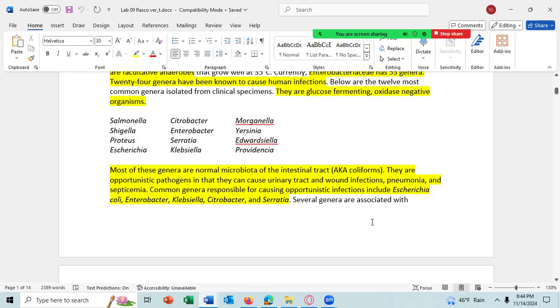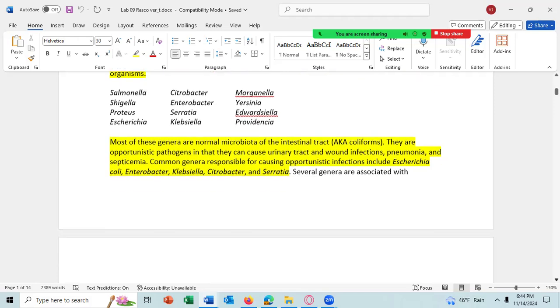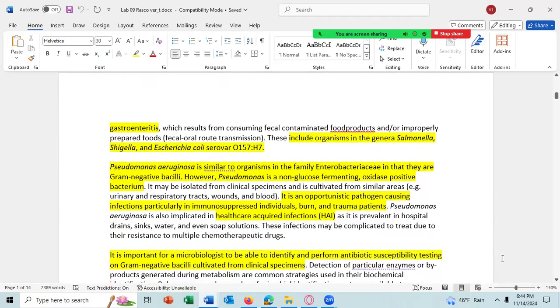Several genera of the family Enterobacteriaceae are human pathogens that cause gastroenteritis. These include organisms in the genera Salmonella, Shigella, and E. coli serovar O157:H7.